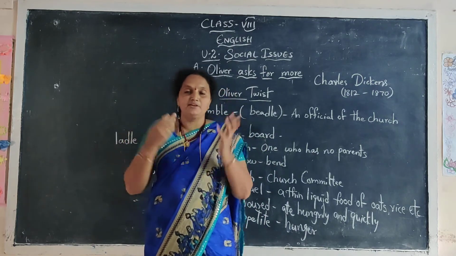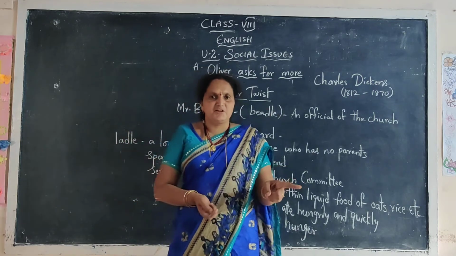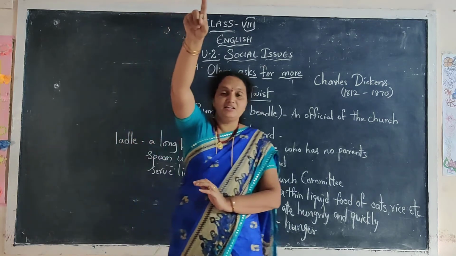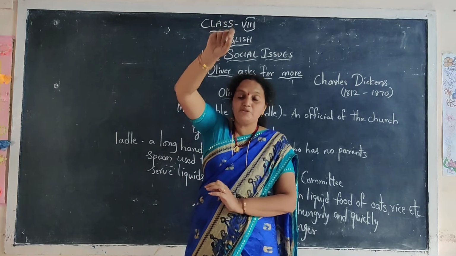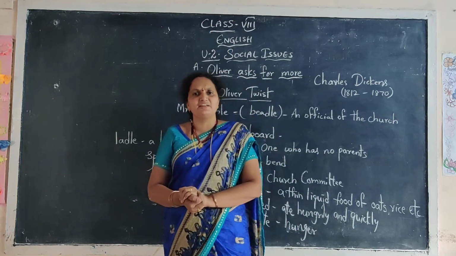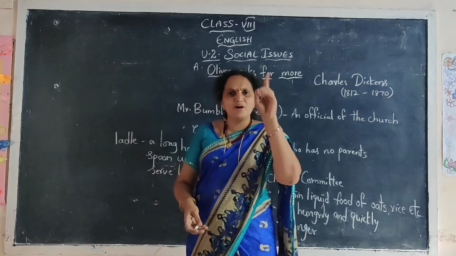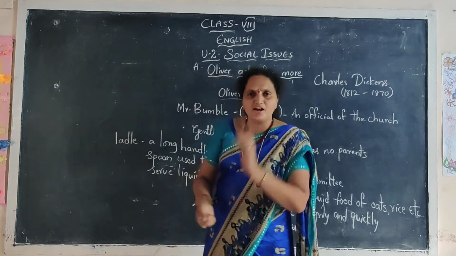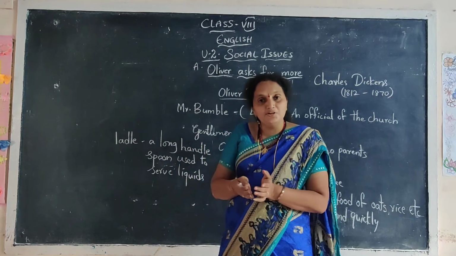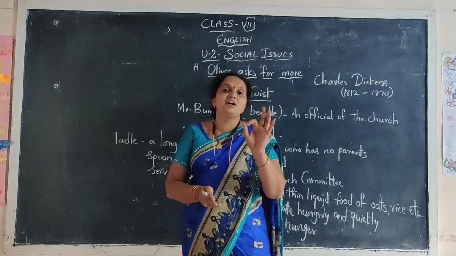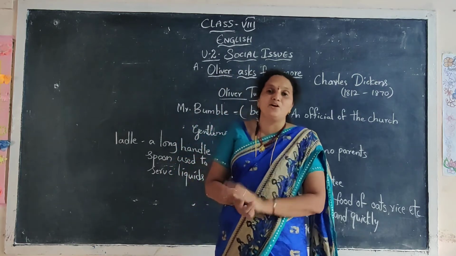Oliver started crying. But hey, stop! Why are you crying? said the gentleman in the high chair. Hey boy, stop crying. I think you are an orphan. And Oliver, a small innocent boy, did not know the meaning of the word orphan.